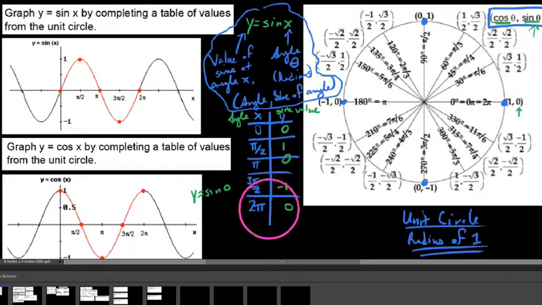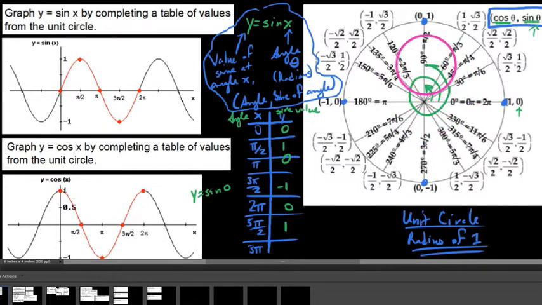And one thing that I want to point out here, and this is why I stopped at 2 pi, is let's go ahead and add on, let's go to 5 pi halves. Let's go another pi half rotation, and then we'll go to 6 pi halves, which would be 3 pi. In other words, if I were to go here, what I want you to see is that your sine value would be at 1 again, just like it was when it was just at pi halves. So this angle here and this angle here are coterminal, so they have the same sine value.